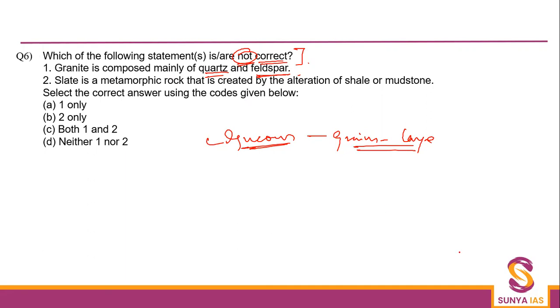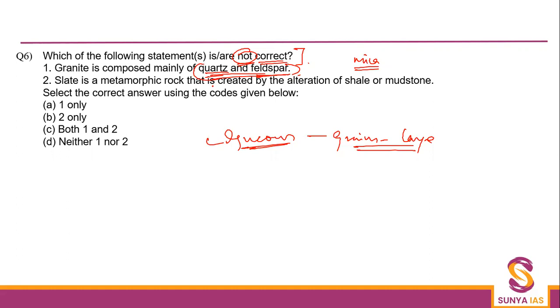So if we look over to this, okay, quartz and feldspar is what it is basically having, that is true. Some minor amounts of mica and other minerals are present, okay, but mainly quartz and feldspar is present. So quartz and feldspar, definitely it is correct.